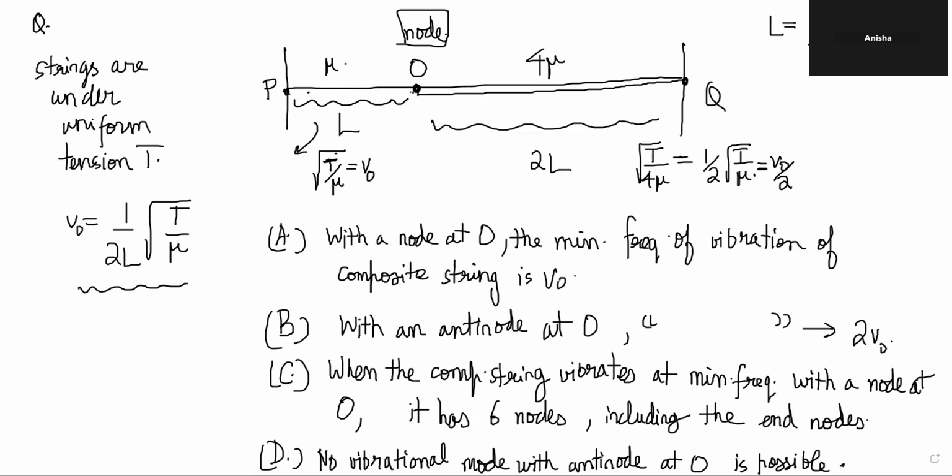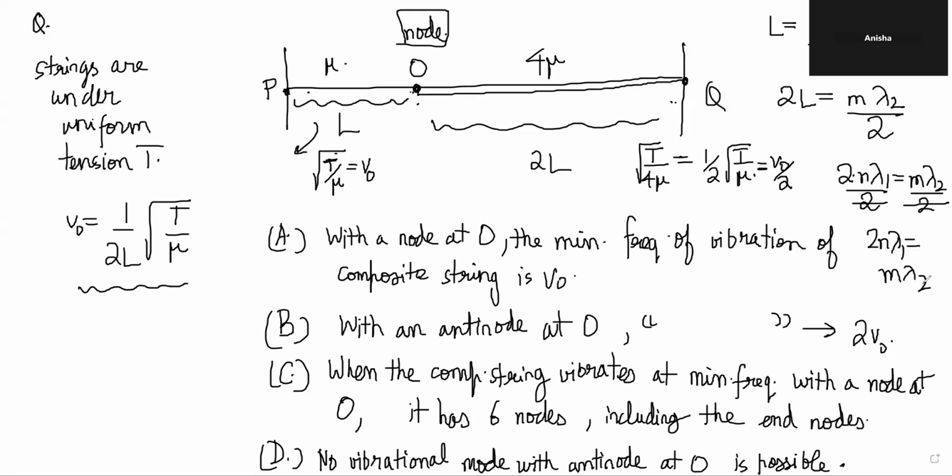In the other part also it will be fixed at both ends, so 2L is equal to m lambda 2 by 2. Equating them, 2 times n lambda 1 by 2 is equal to m lambda 2 by 2, so 2n lambda 1 is equal to m lambda 2.